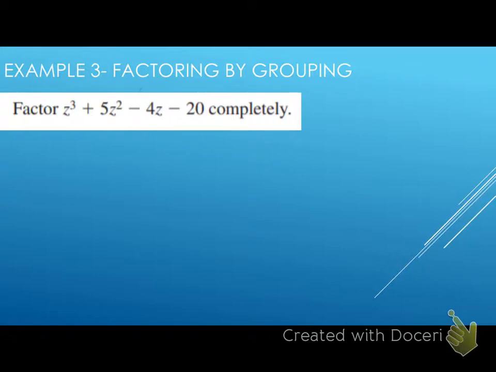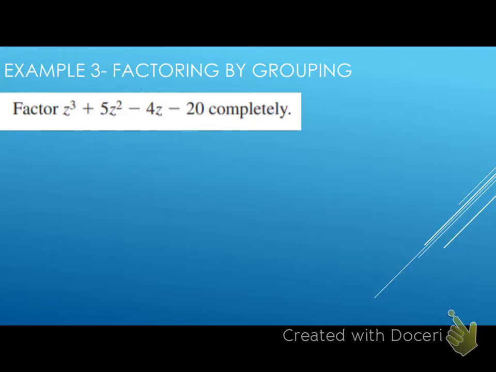First off, do I have any GCFs over all four of my terms? I don't. I don't have a number that goes into 1, 5, 4, and 20 besides 1. They also don't have any z's in common, do they? No, so I can't factor anything out.